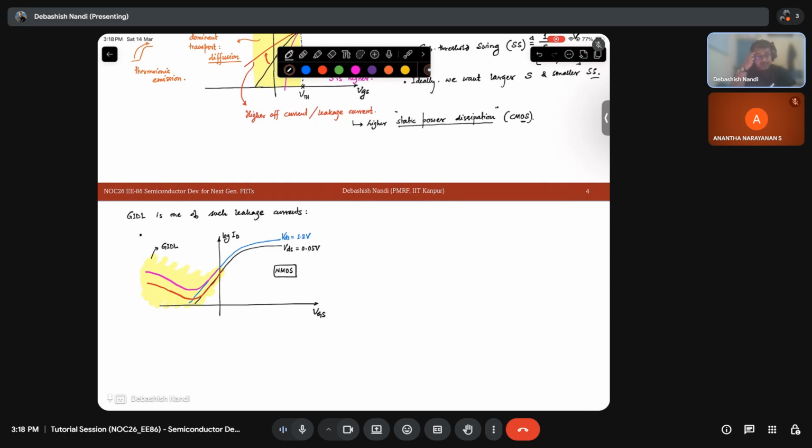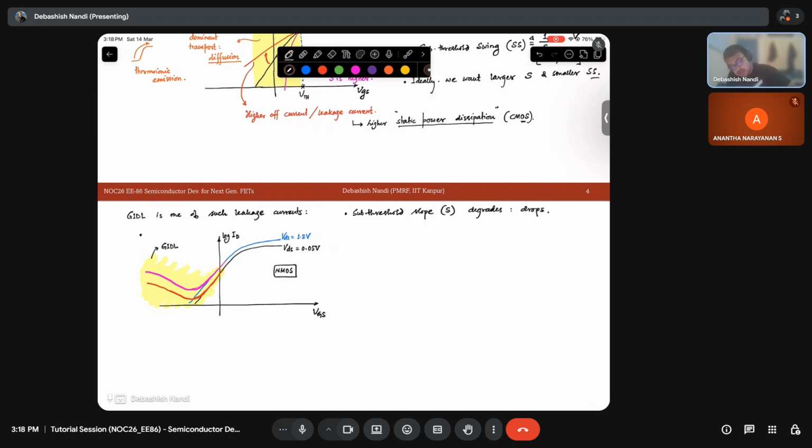So what are the observations? The subthreshold slope S degrades, that means it drops. As you can see, as your leakage current starts to increase, your subthreshold slope starts to reduce.